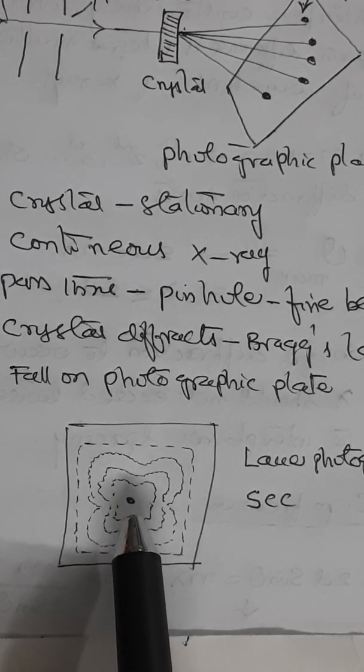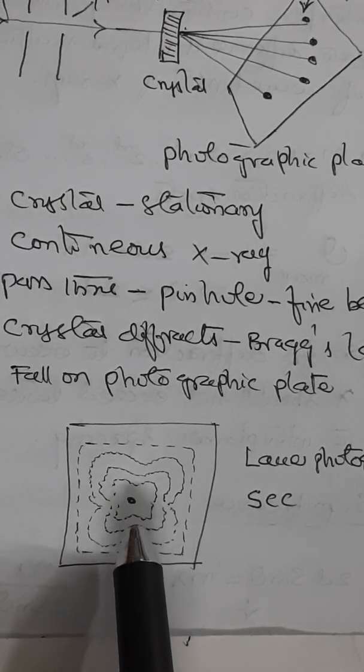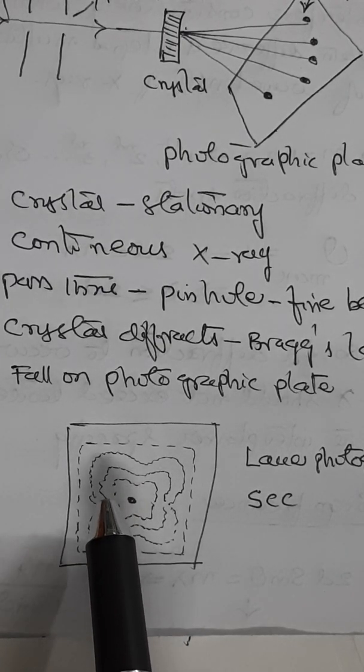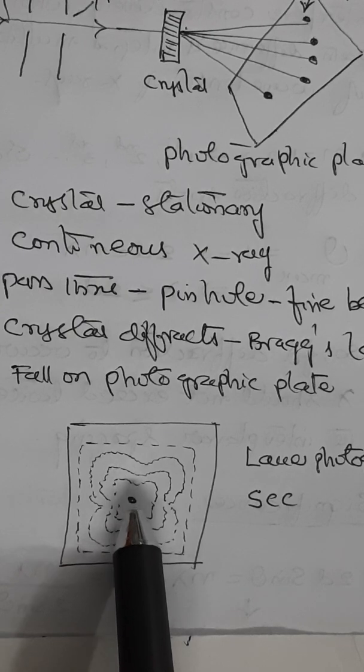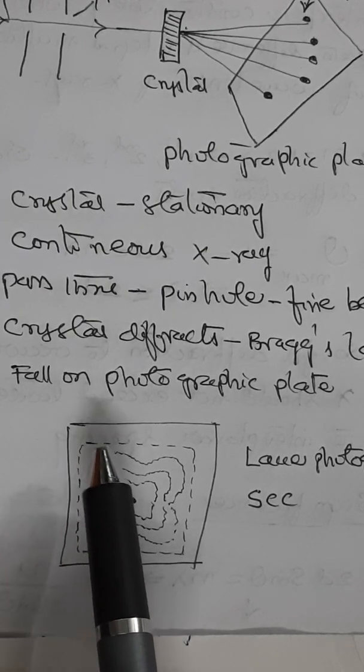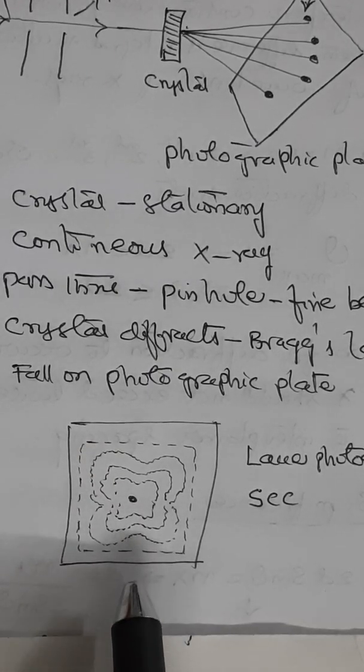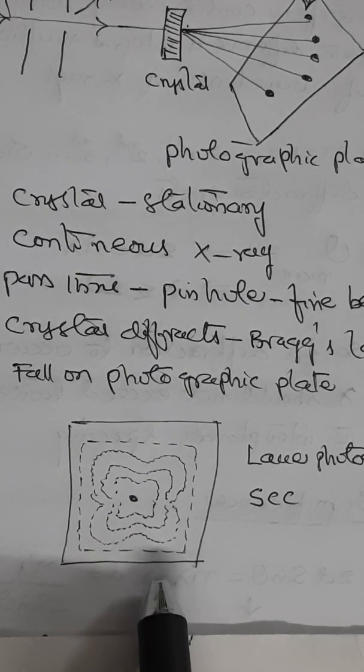This method is not therefore convenient for actual crystal structure determination because several wavelengths of X-rays diffract in different orders from the same plane and they all superimpose on a single Laue spot. So that is one of the biggest disadvantages in this method.